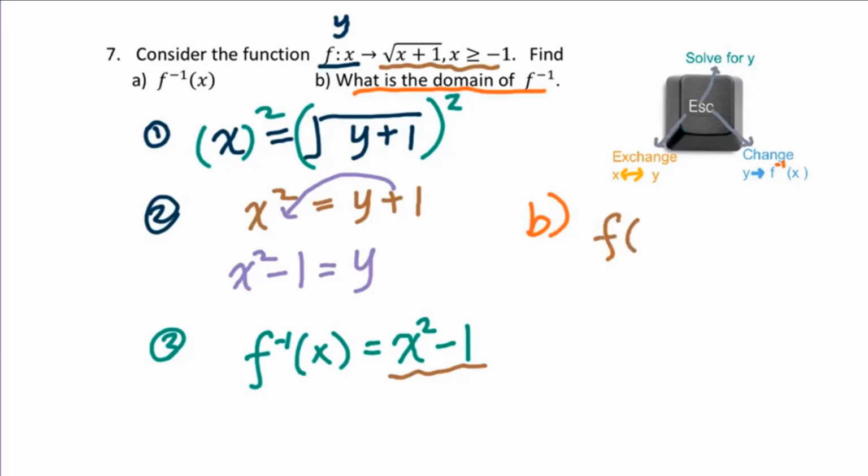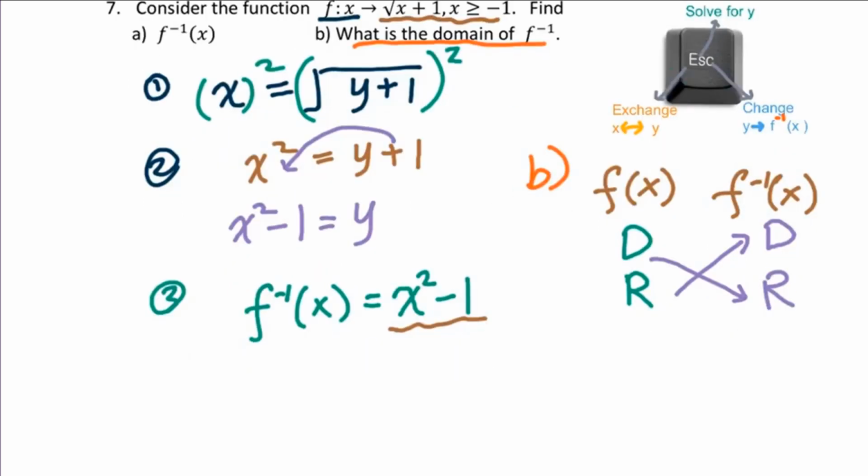For the original function and the inverse function, domain and range switch. Therefore, you cannot just look at the inverse function and say, oh, this is a quadratic function, domain is all real numbers. It's not. You have to go back and check the original function.